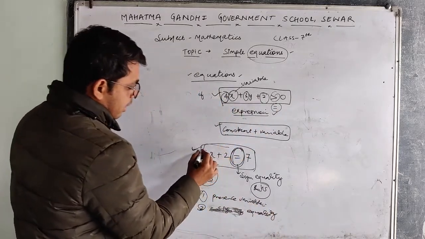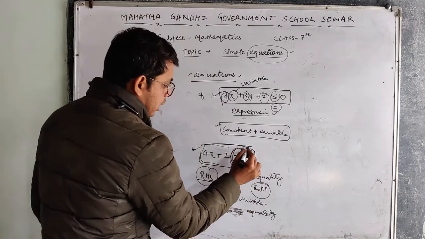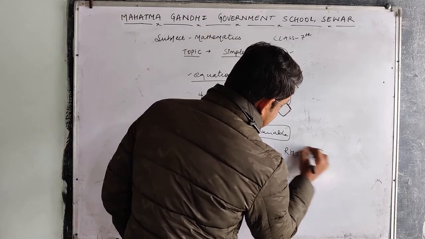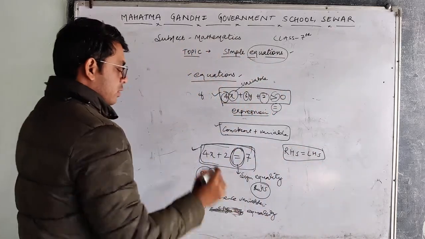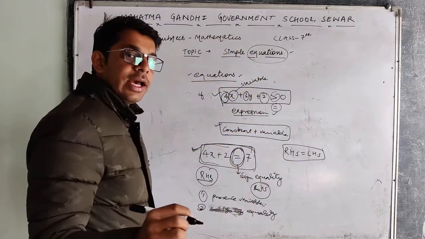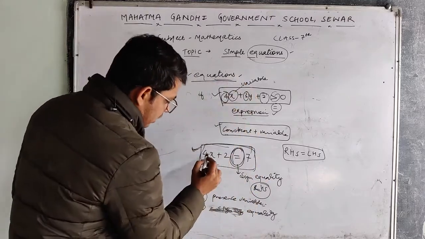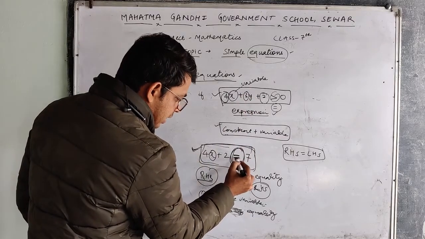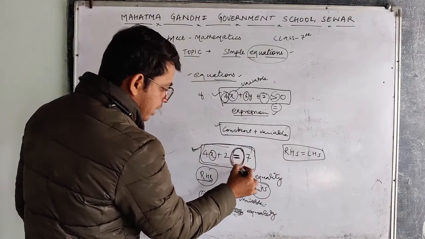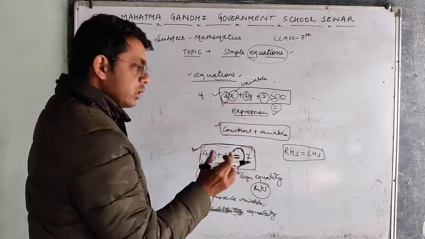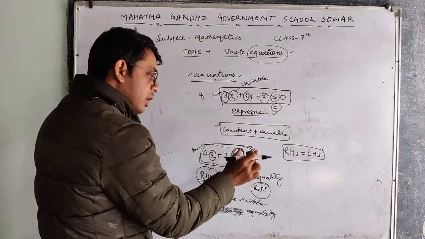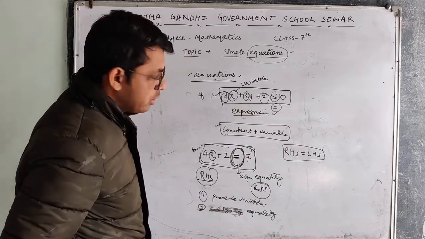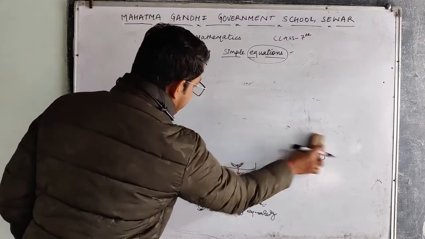If I say RHS equal to LHS, this is the equation. So there are two conditions for being an equation: there should be a variable and there should be a sign of equality. The sign of equality shows that the right hand side is equal to the left hand side. So we got the equation.